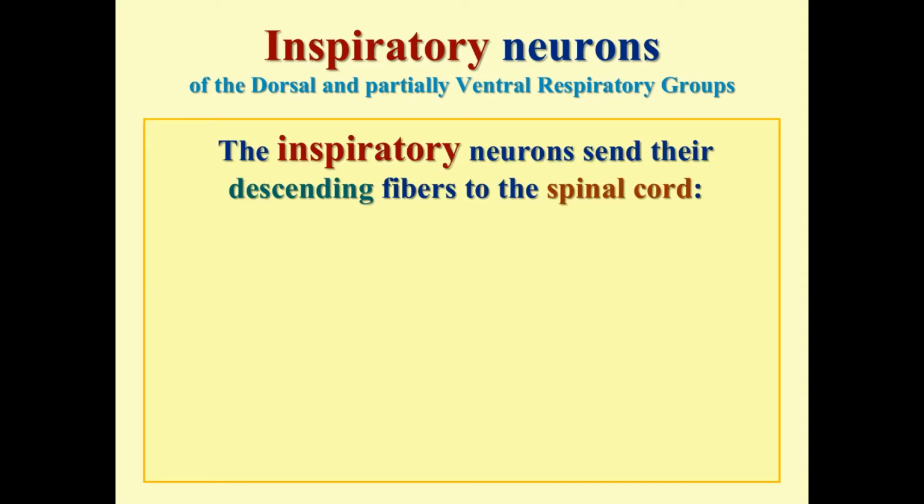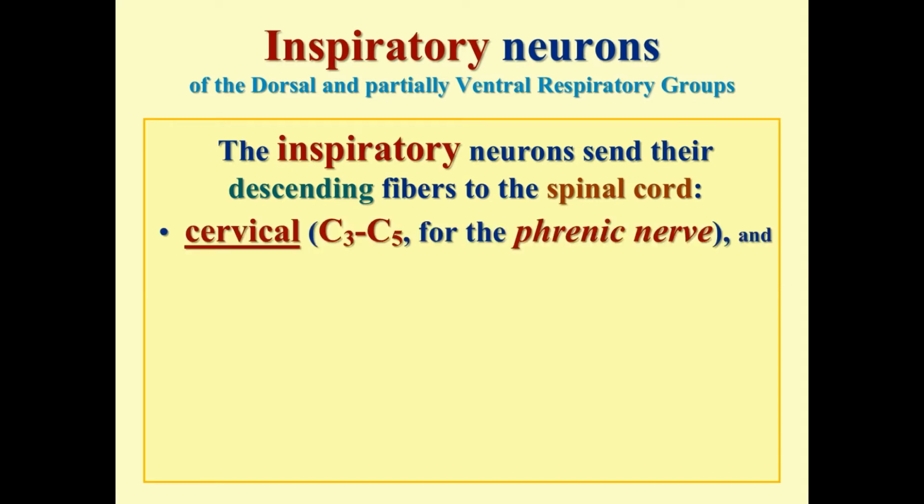The inspiratory neurons, mainly in the dorsal and partially in the ventral respiratory groups, send impulses to the spinal cord to the following levels. To the cervical level, in particular C3, C5. The ventral horns of these segments contain the motor neurons that form the phrenic nerve with their axons.